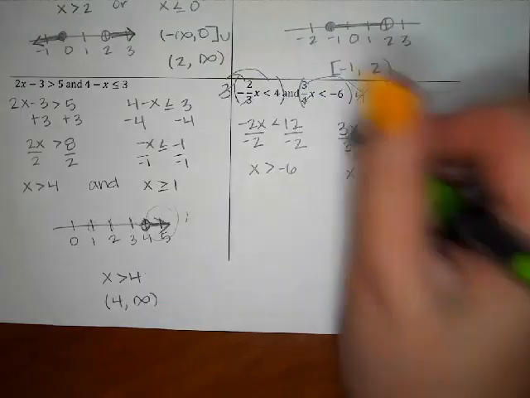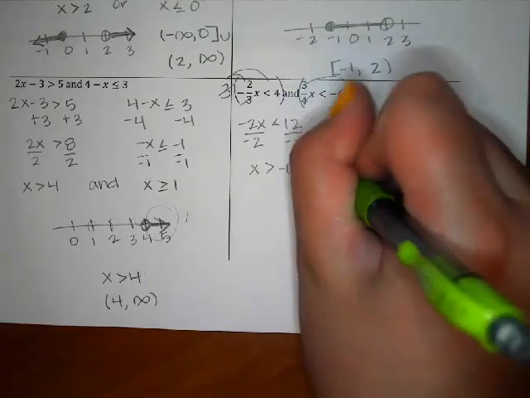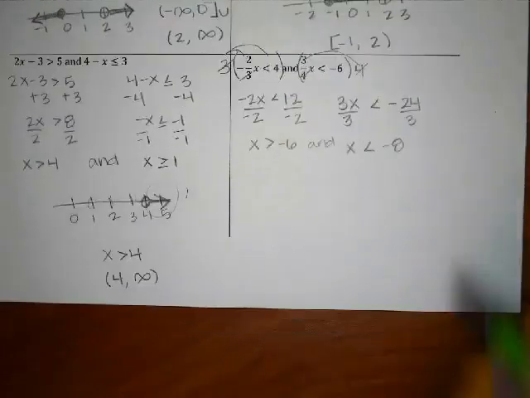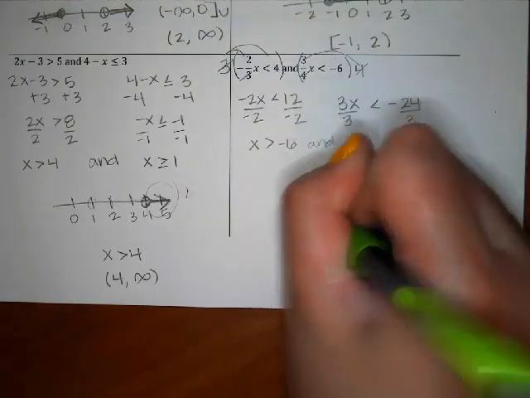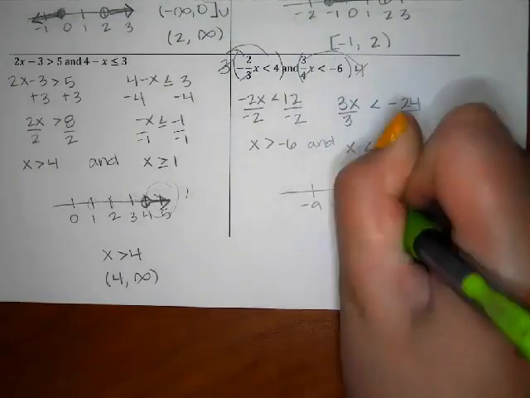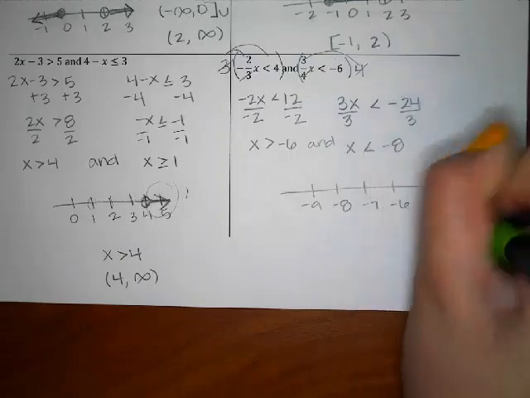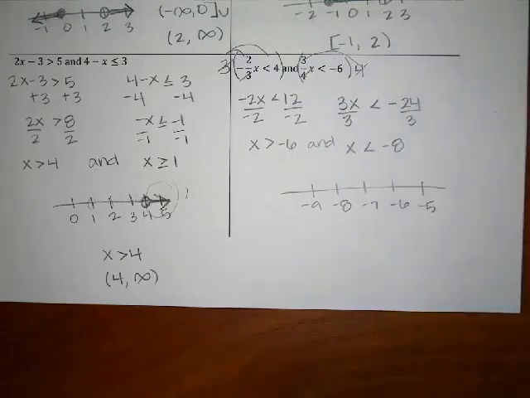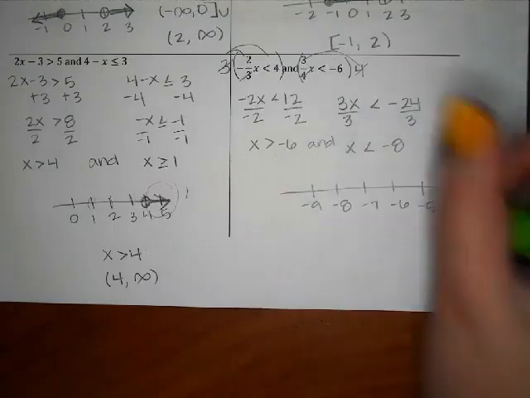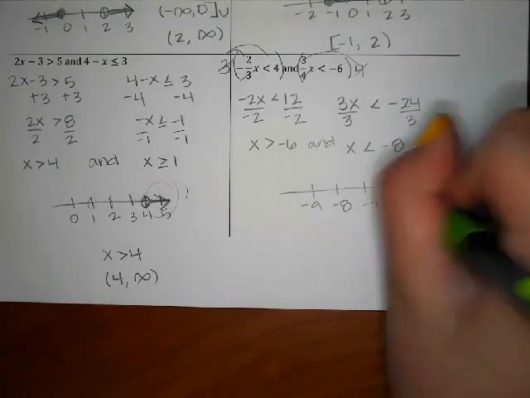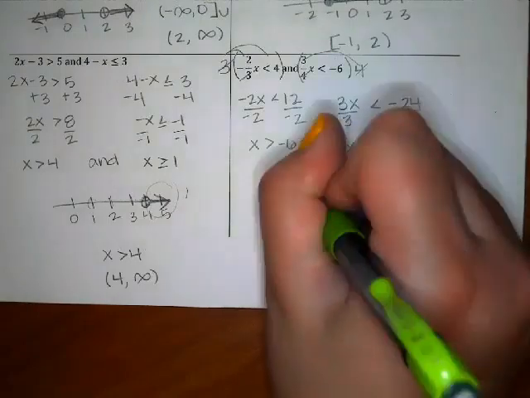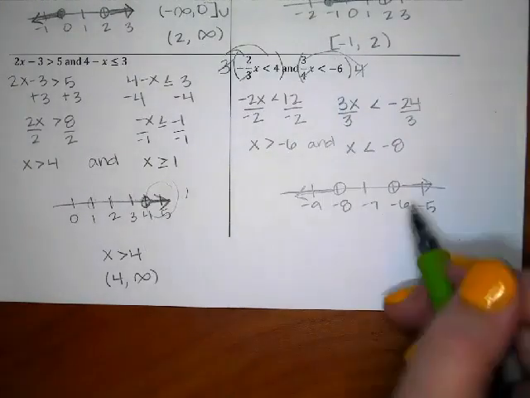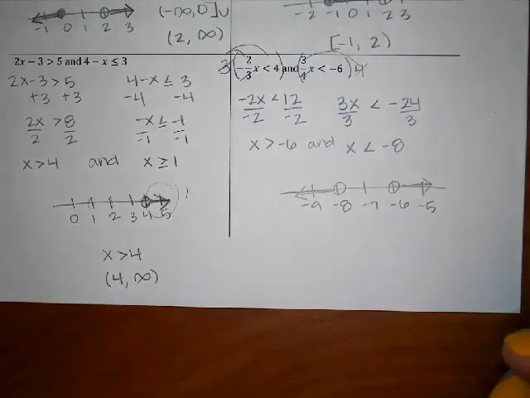Okay, so we have an and, which means we have to look at what's true at the same time. So we're going to be looking for places where we have some overlap. So answers that are greater than negative 6, answers that are less than negative 8, and we're looking for overlap, but there isn't any.